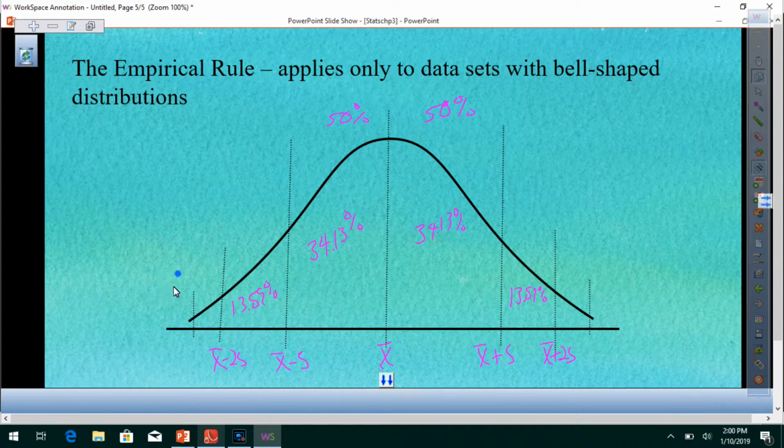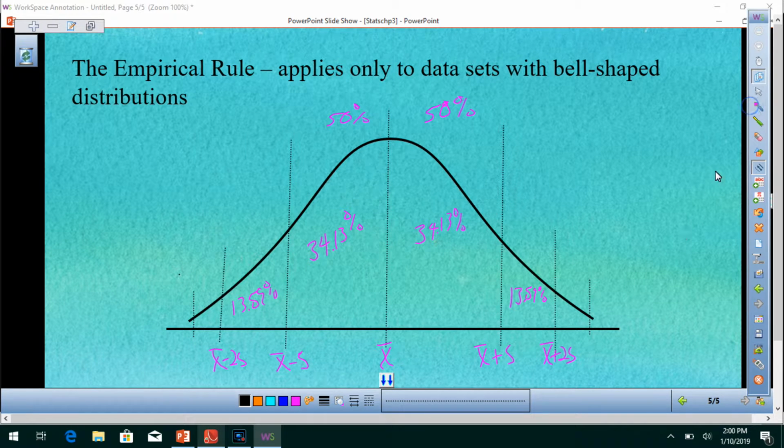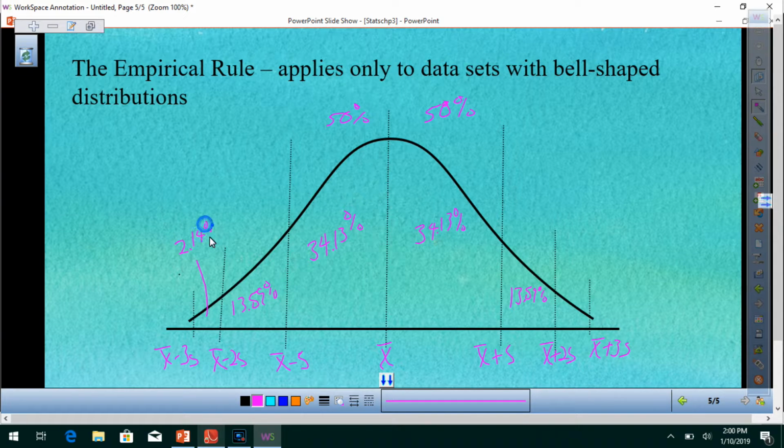We have x bar plus 3s and x bar minus 3 standard deviations. Inside here is 2.14%, and over here 2.14%.